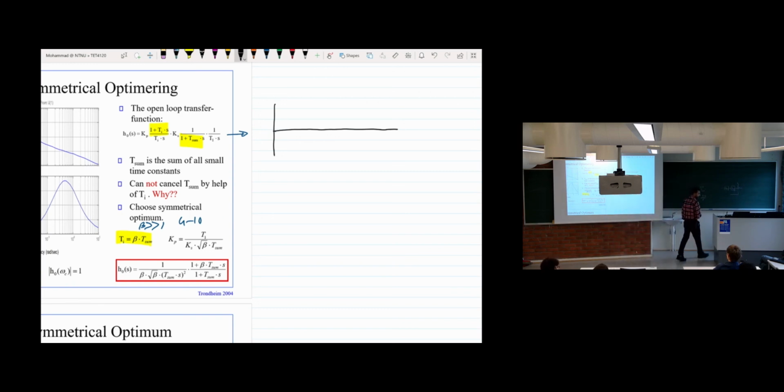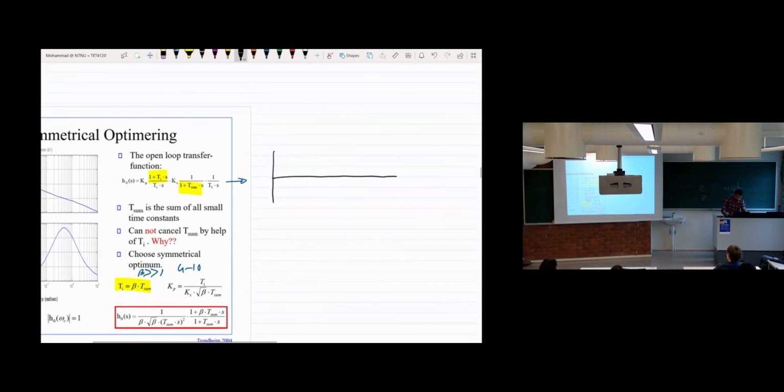This means you will have a slope of -2 until the 1 over Ti frequency. And we know that 1 over Ti is 1 over beta T sum.